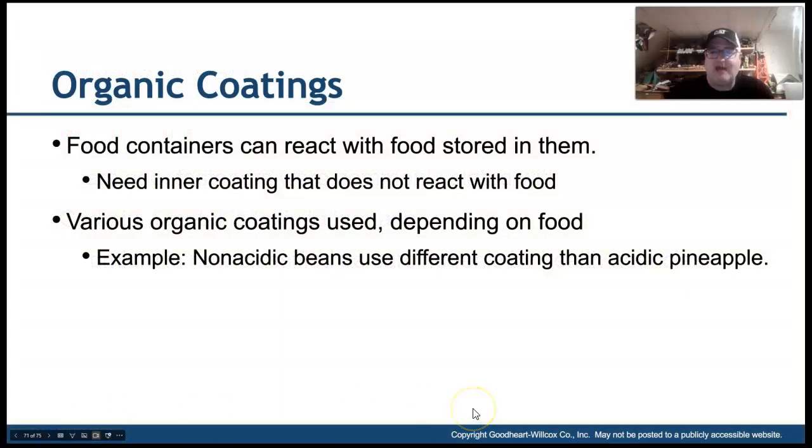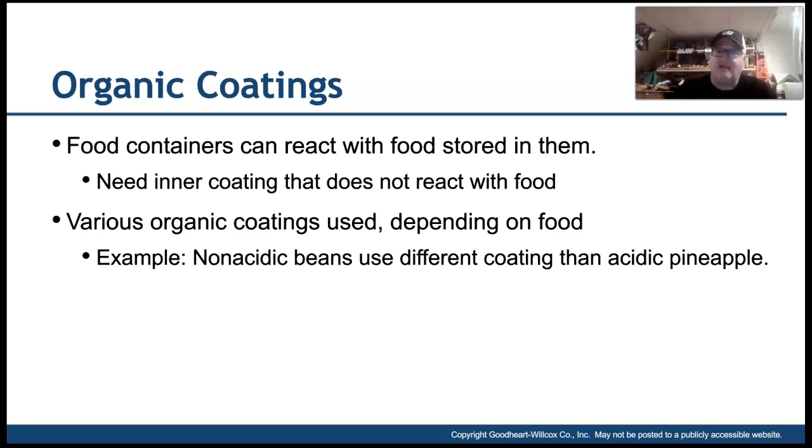All right, we also have organic coatings too. If you think about these organic coatings, most of your cans, like your green bean cans and your different types of vegetable cans, oftentimes the interior of those are coated so that there is no metallic reaction with the food. That helps to protect the flavor of the food and helps keep the food fresher as well.